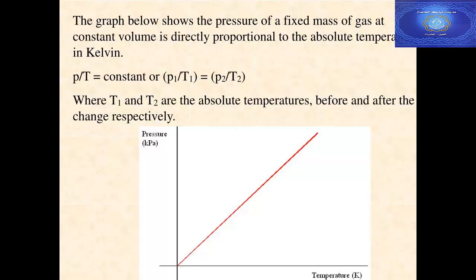So P1 divided by T1 equals P2 divided by T2. This is for the pressure law. P1 is the first pressure, T1 the first temperature, P2 the second pressure, T2 the second temperature. T1 and T2 are the absolute temperatures. This is for the third law of gas.